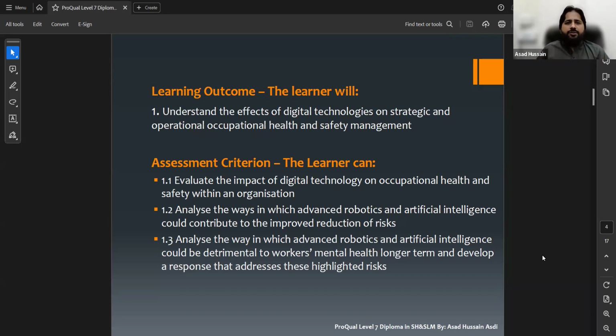So here we will use this word, even this is in the title of this third unit of this diploma program, the word digital technologies. What do we normally understand by digital technologies, and what digital technologies are we normally using in occupational health and safety?